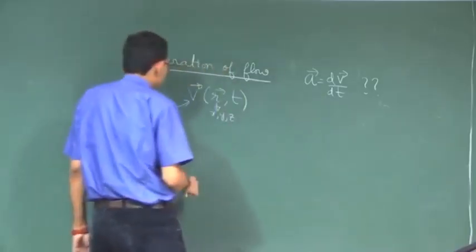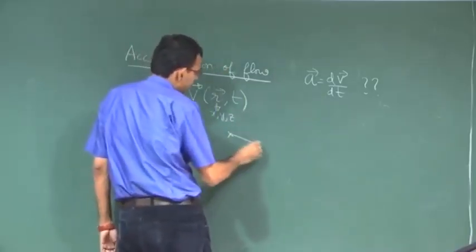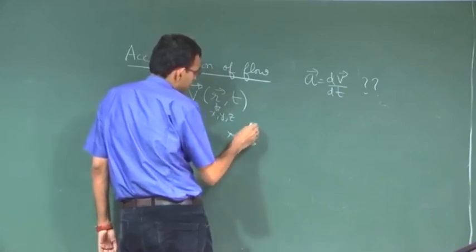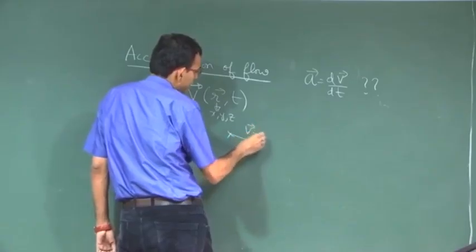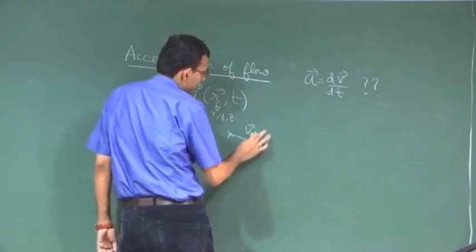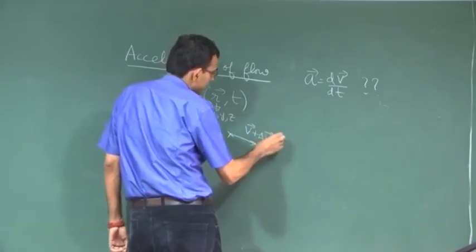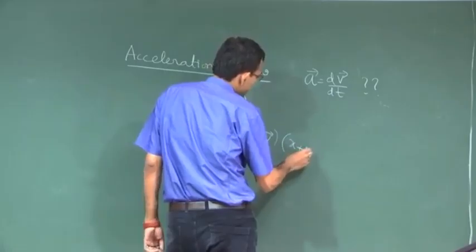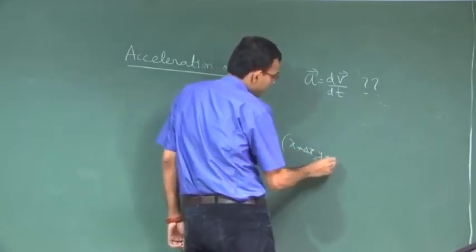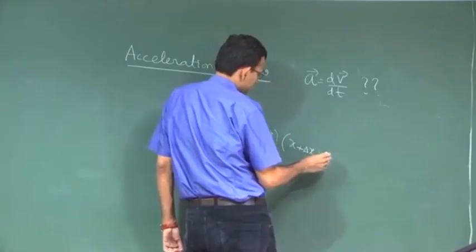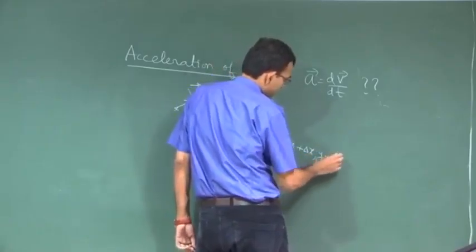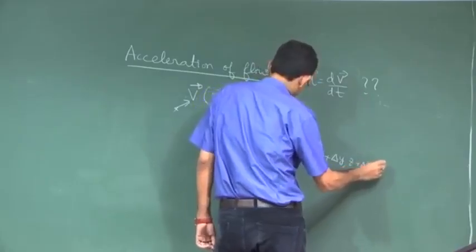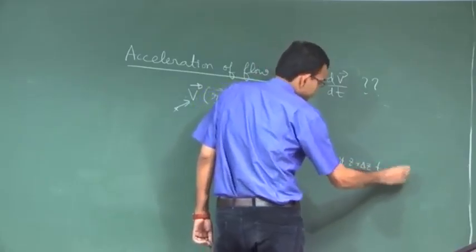Then after some time the particle has come here, it has, let us say, velocity v plus dv, or v plus delta v, which is a function of x plus delta x, y plus delta y, z plus delta z and t plus delta t.